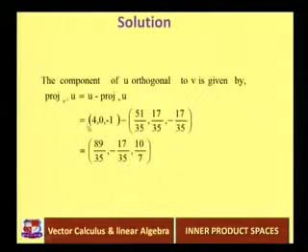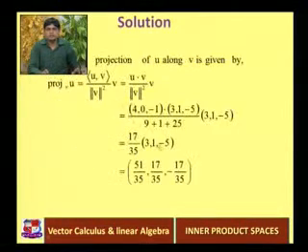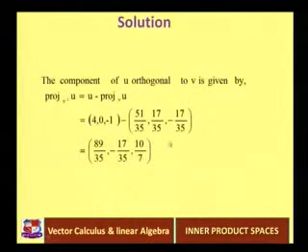So we write this as 4, 0, minus 1 minus this projection, which is 51 by 35, 17 by 35, minus 17 by 35. Put this value in the equation and simplify. We get 89 by 35, minus 17 by 35, 10 by 7.